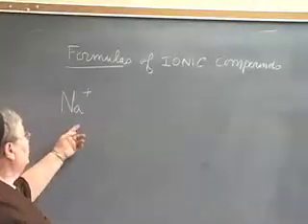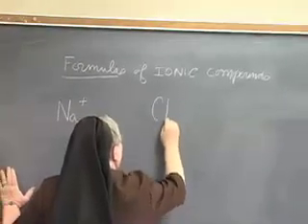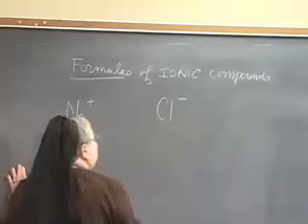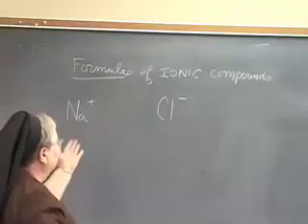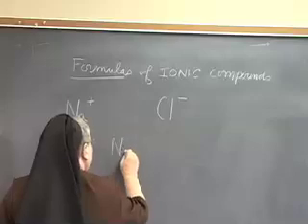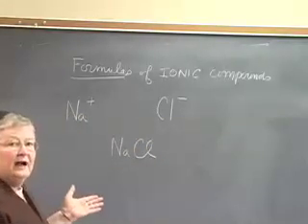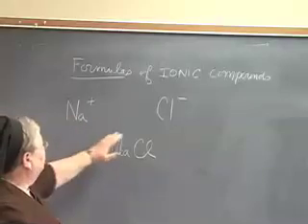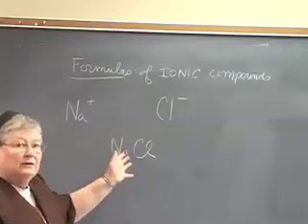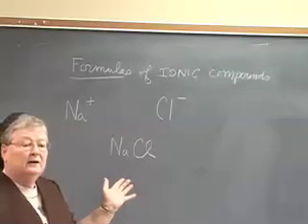This is the way you write it, Na+1, and we try to combine it with chlorine, whose ion is called chloride ion. We put them together and see that it fits like this. That's the formula for the compound. One positive with one negative, it's neutral.